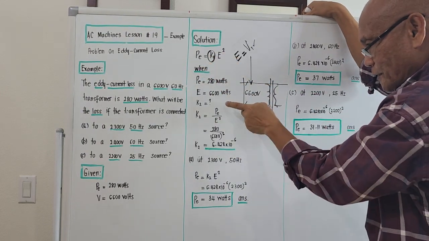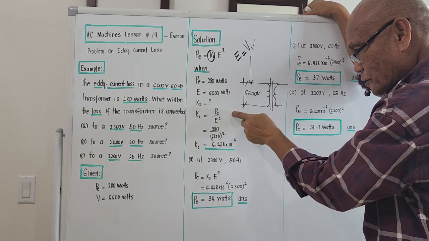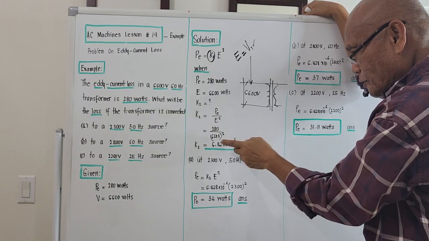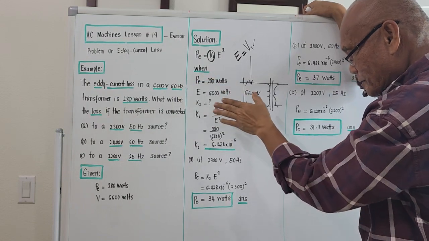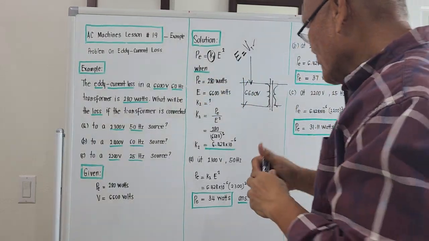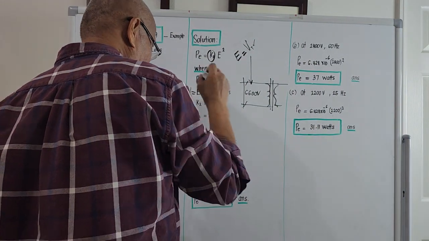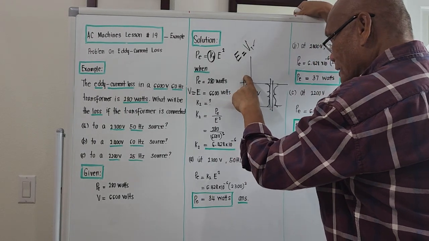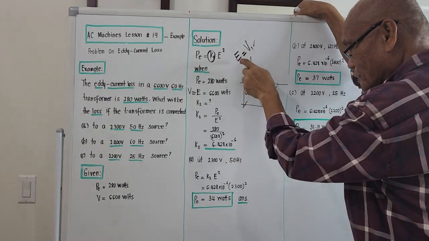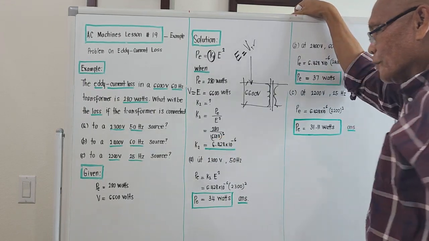K2 will be PE, the eddy current loss, over the induced voltage quantity squared, and this should be 280 over E squared. Since E is equal to the given terminal voltage, we can use it in lieu of the induced voltage. So this should be 6600 quantity squared.